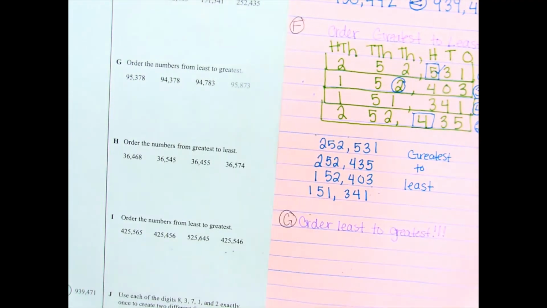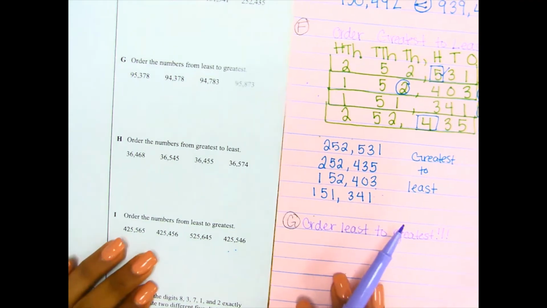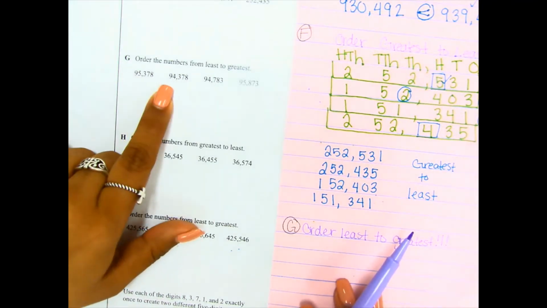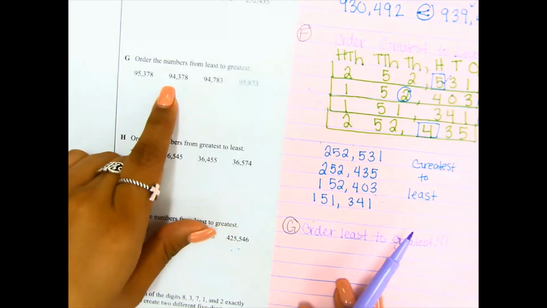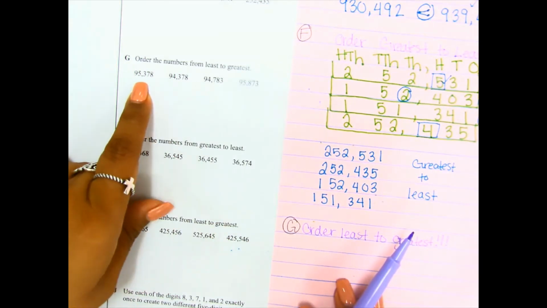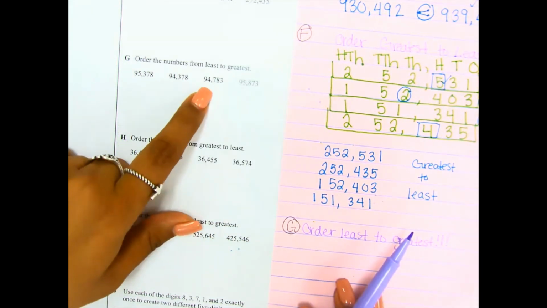So now, before I even start writing on my paper, I'm going to see what highest place value they have. 10,000s, 10,000s, 10,000s, 10,000s. So all my numbers are up to the 10,000s place. So I'm going to write that down.